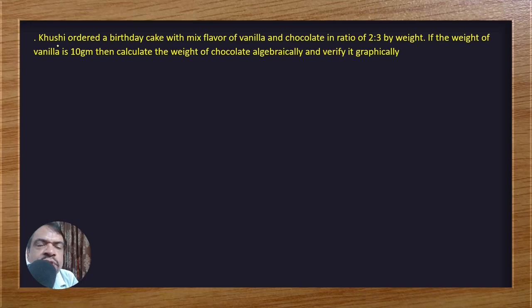Now the next question is based on graph and algebra. A birthday cake with mixed flavor of vanilla and chocolate in the ratio of 2:3 by weight. If the weight of vanilla is 10 gram, calculate the weight of chocolate. If the portion of vanilla and chocolate is 2:3 in the cake, let vanilla be x and the chocolate portion be y.